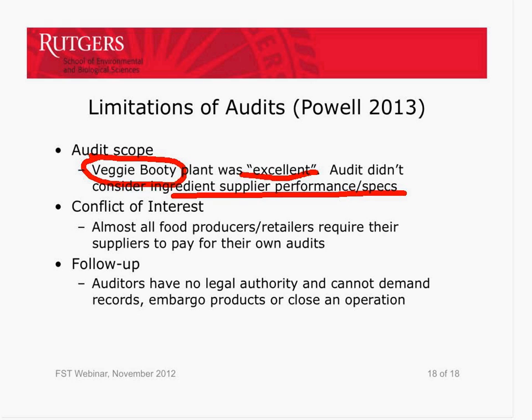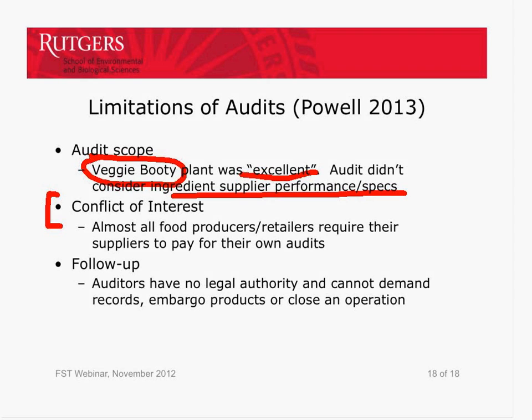Another issue that I think we all struggle with, and I don't think we necessarily have a good solution, is the auditor relationship. There is almost an implicit conflict of interest. The food producers, food processors and retailers require suppliers to pay for their own audits.